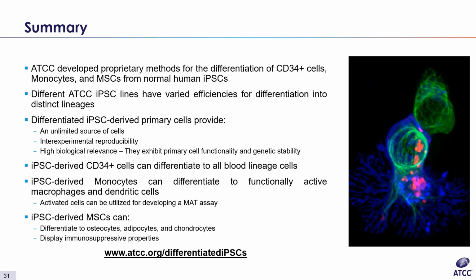Right off the bat, I've got to make the disclaimer that our cells are for research use only. However, these could be used as standards in these experiments, since we can reliably provide a consistent product and lots of it, actually.